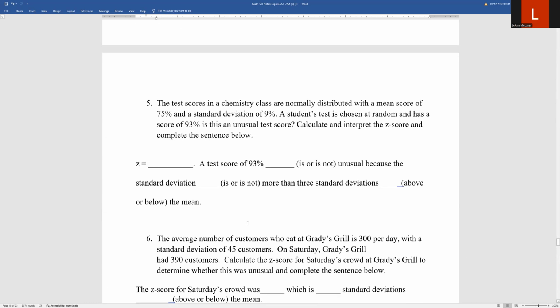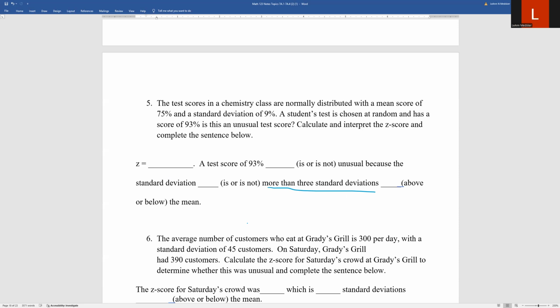The test scores in a chemistry class are normally distributed with a mean score of 75% and a standard deviation of 9%. A specific student scored 93. Is this unusual? Okay, so for these on your homework, you have to really read these carefully because they tell you what they consider unusual by telling you if it's more than a certain number of standard deviations away from the mean.